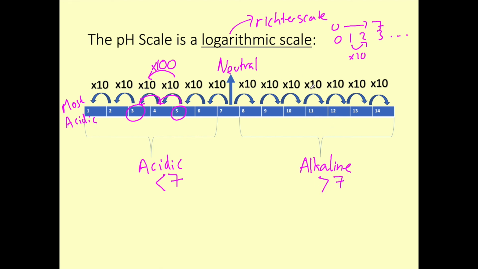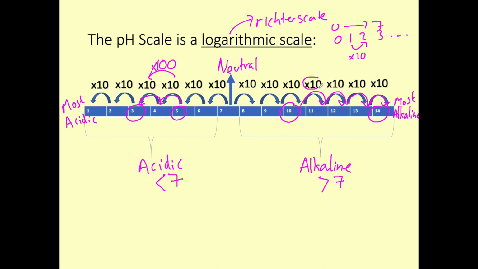And similarly, we can go in the other direction for our alkaline solutions, which have a pH greater than 7. We're getting more alkaline as we go up, with our most alkaline being at a pH of 14. And again, we can compare pHs. So if we compare pH 10 to, say, pH 14, we have to go 1 jump to 11, 2 jump to 12, 3 jump to 13, 4 jump to 14.